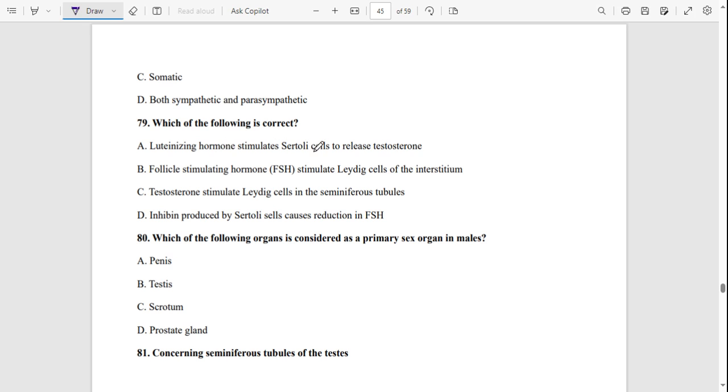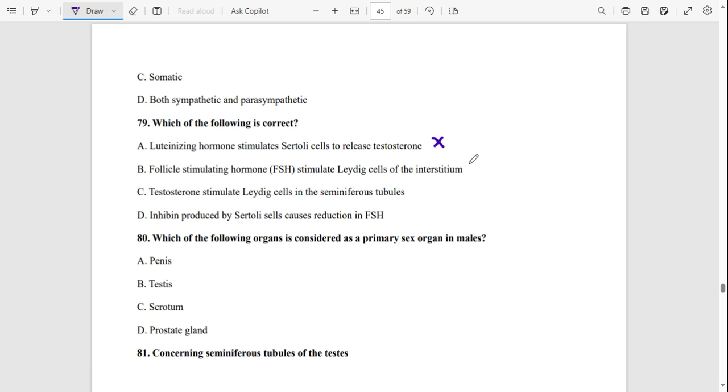Which of the following is correct? Luteinizing hormone stimulates Sertoli cells to release testosterone. Is that correct? That is not correct. Supposed to be not luteinizing hormone, that should be FSH. Follicle stimulating hormone stimulates Leydig cells of the interstitium. Is that true?